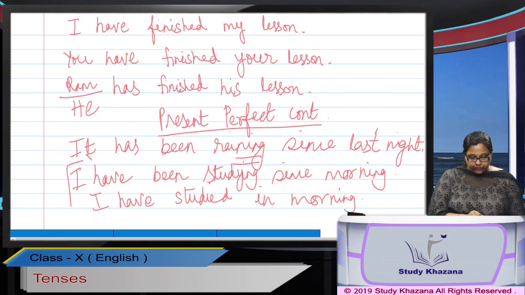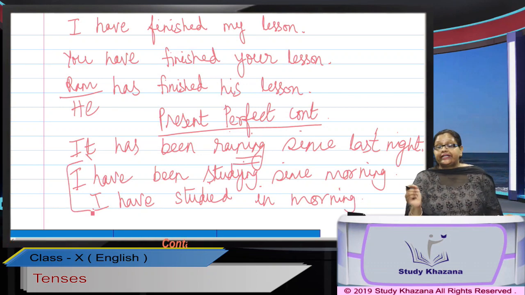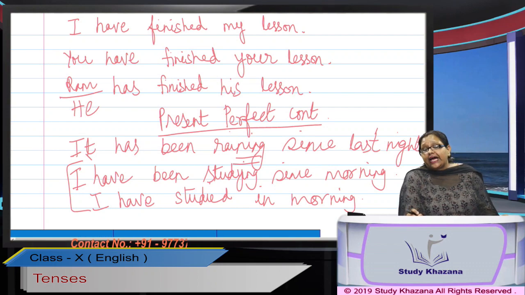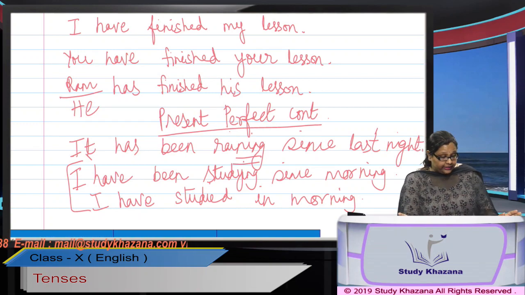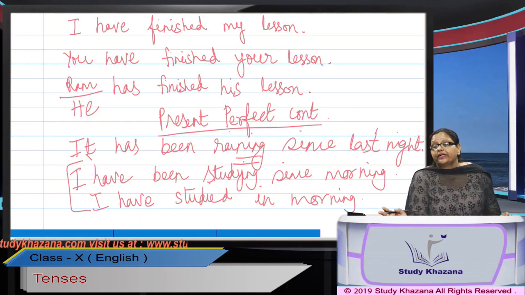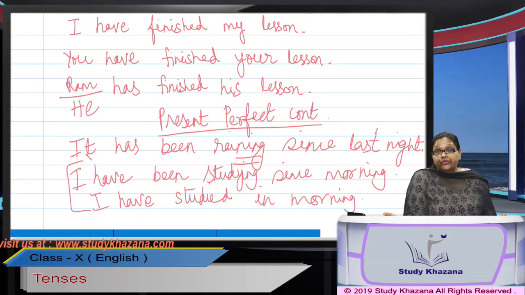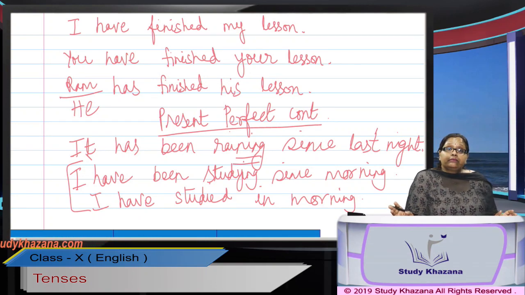Now if you see closely these two sentences, the first one says I have been studying and the second one says I have studied. Both are in perfect form, but the first one is the perfect continuous. It means that the process of studying from my side started in the morning and the action is still going on as I am still studying. And just see the second one, it says I have studied in morning.